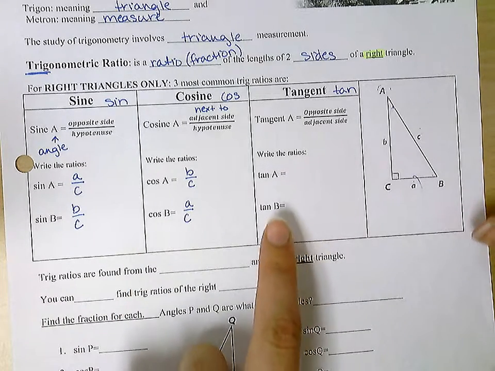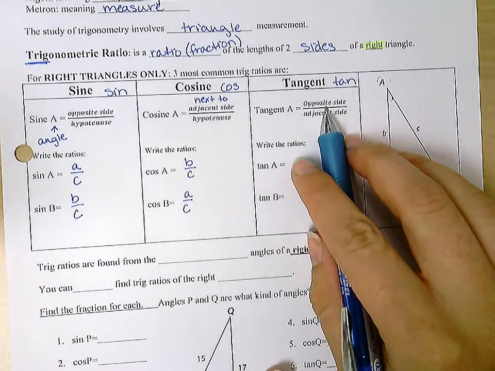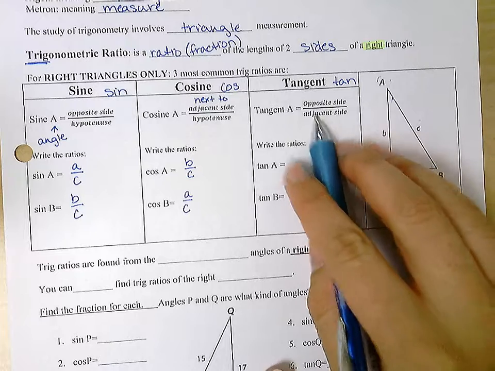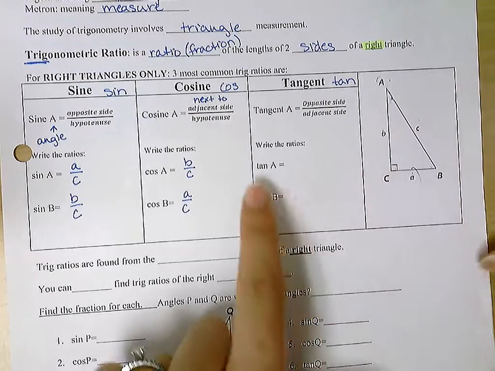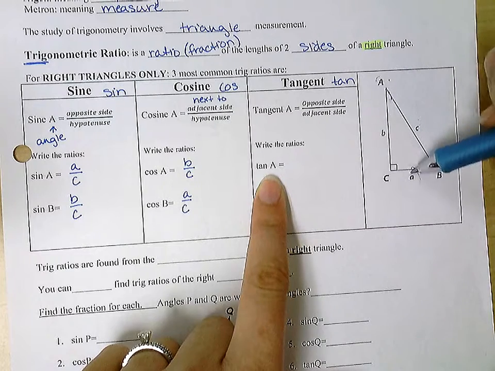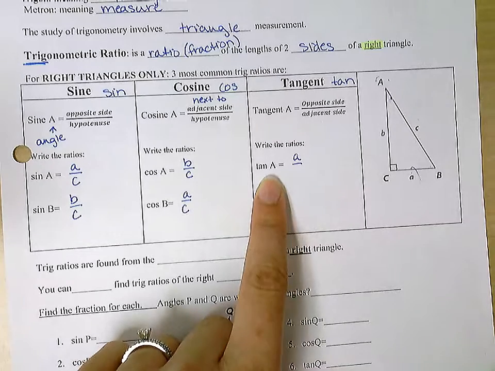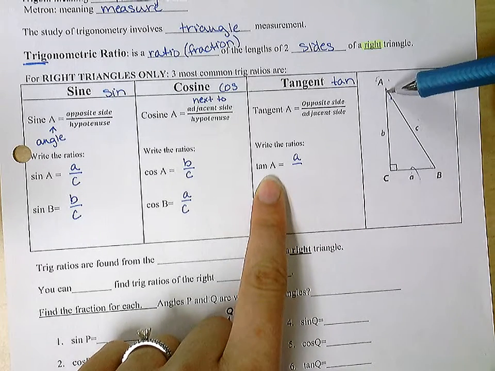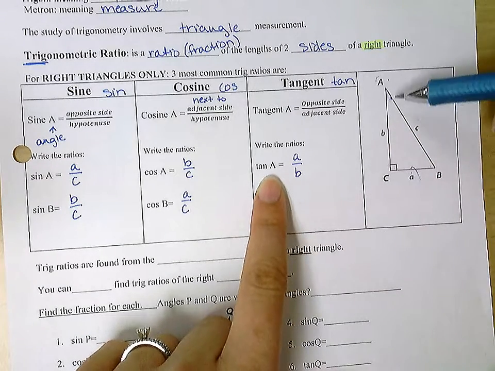Then moving to tangent. Tangent is the opposite side, or across from, over the adjacent side, which is the side next to it. For tangent of A, starting at angle A, we need the side opposite that angle, the side across from it, which would be lowercase a, over our adjacent side to angle A, which is B, not C, because C is the hypotenuse.